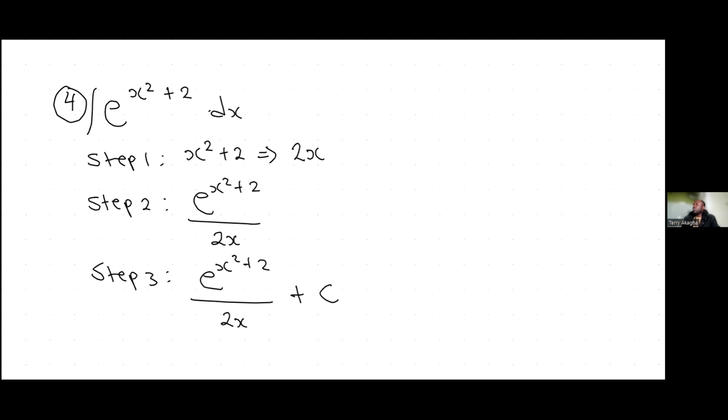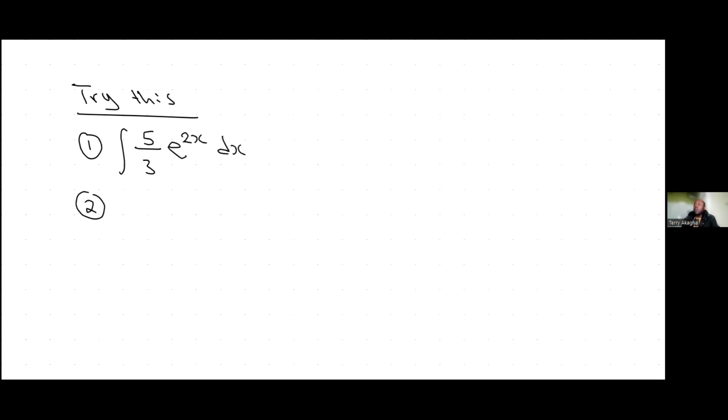So I'm going to give you some exercises to try. Try this with your friends and see if you get the same thing. Number 1, integrate 5 over 3 exponential 2x in respect to dx. Number 2, integrate exponential x in respect to dx.